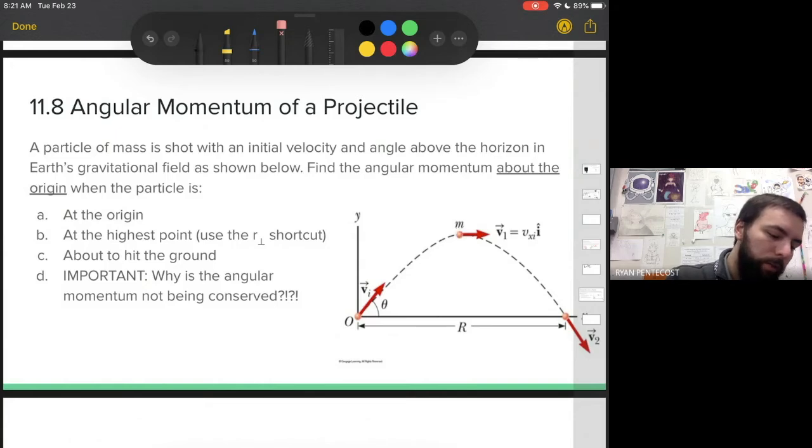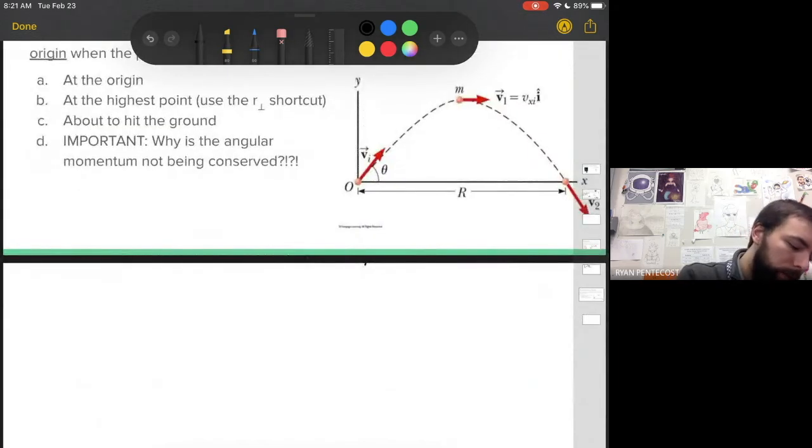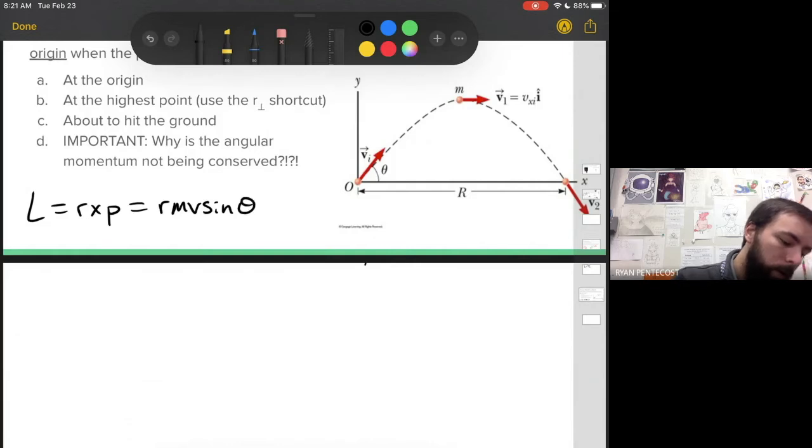But let's see, we have the angular momentum about the origin when the particle is at the origin. I'm going to write out a couple of our equations. We've got R cross P, R mv sine theta, or R perpendicular mv, which equals R m perpendicular v.